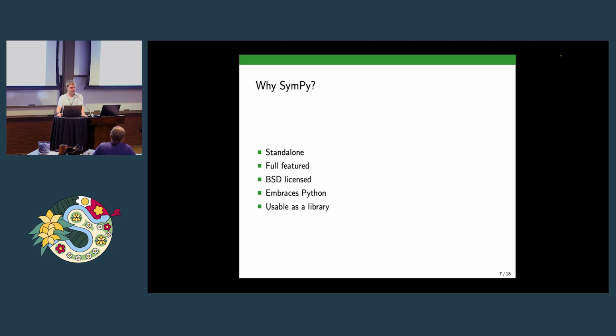The difference with Sage is that Sage is actually an amalgamation of a bunch of different libraries, pretty much every open source math library, including SymPy. So Sage actually does include SymPy. SymPy itself is a standalone library, so it doesn't try to pull in a bunch of other things. But it is also full-featured.